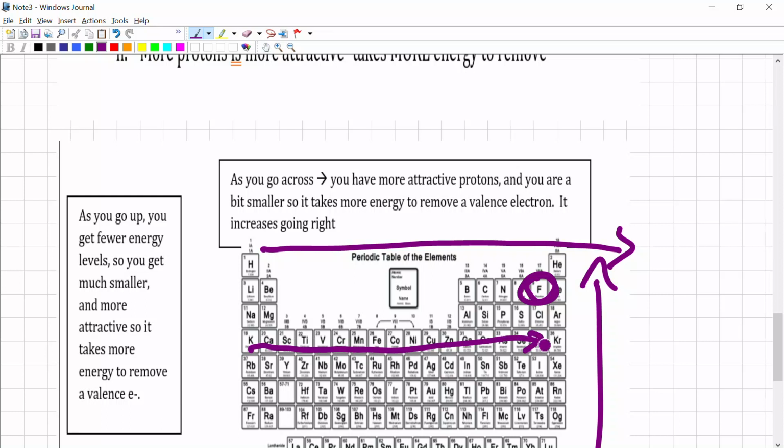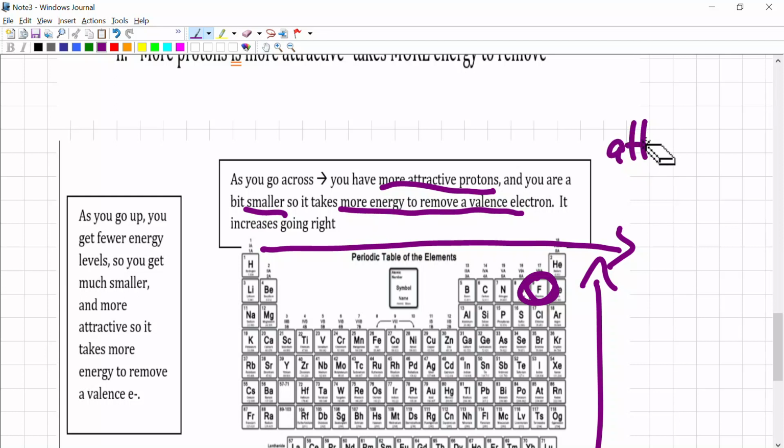See how as you go this way, you get more protons. More protons means more attraction. So if it's more attractive, it'll also be a bit smaller. More attractive protons, a bit smaller, takes more energy to remove a valence electron. What did we say again? We talked about attraction, we talked about size, and we defined the trend.